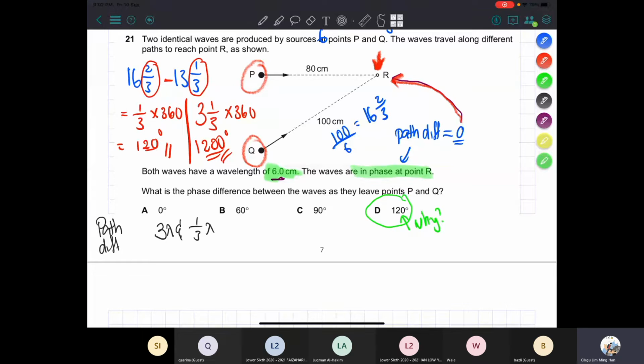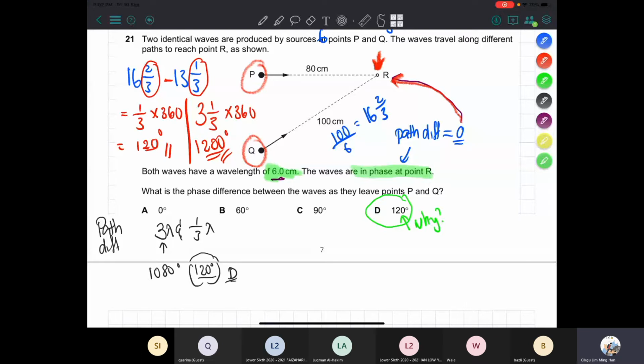So 3 times 360 is how much? 1080. And then the remaining one must be 120. So this will be the answer.